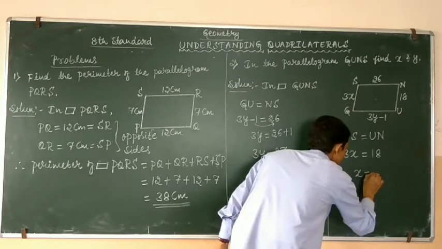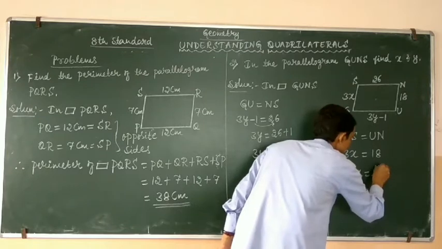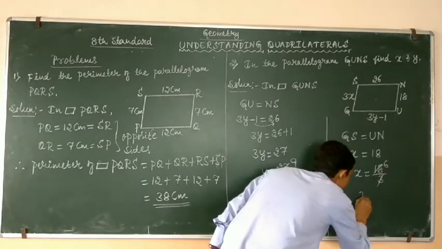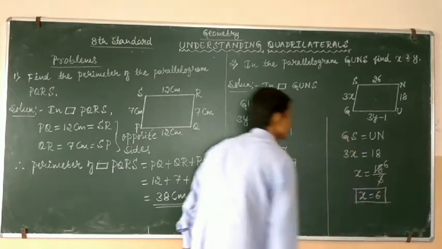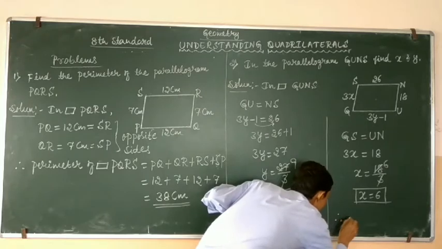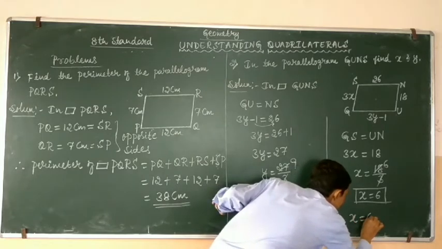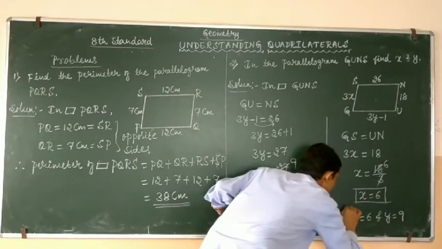So x equals 18 by 3. So 3 ones are 3, 3 sixes are 18. So x equals 6. The value of x is 6. Therefore, we can write x equals 6 and y equals 9.